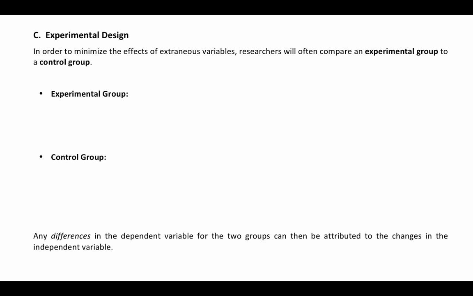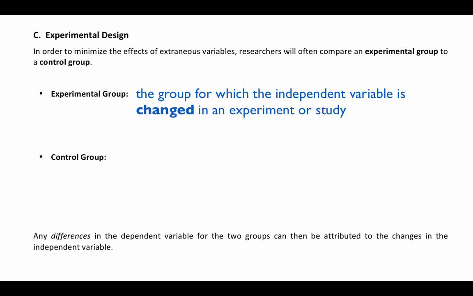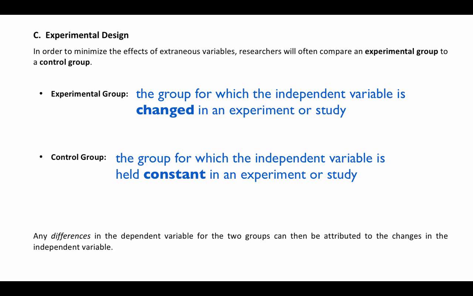An experimental group is a group for which the independent variable is changed in an experiment or study. The independent variable is what we as the experimenter control. We change the amount of the independent variable that is administered, and we measure, of course, the change in the dependent variable. A control group is a group for which the independent variable is held constant in an experiment or study. So they're controlled.